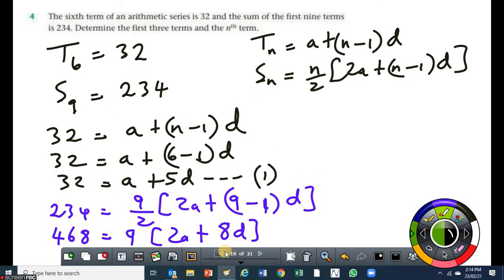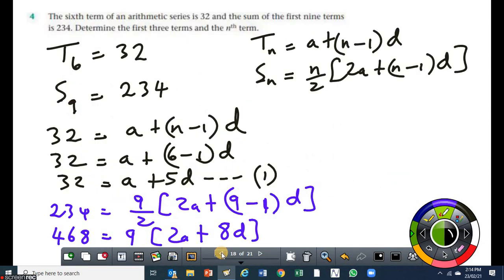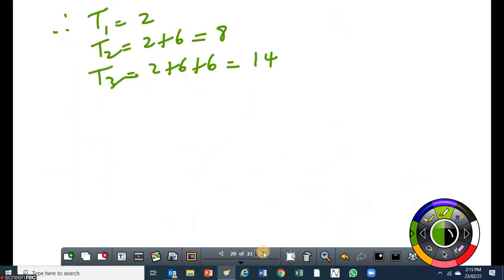I give you this equation, this one here. How would you make a the subject? You take the 5d to the what? The left. And you're left with a here, which is the same as saying a is equal to 32 minus 5d. Let me remind you, in this grade, you have to know this equation. It's one of the requirements of doing grade 12 pure maths. You have to know the equation. If you forgot, refresh yourself.